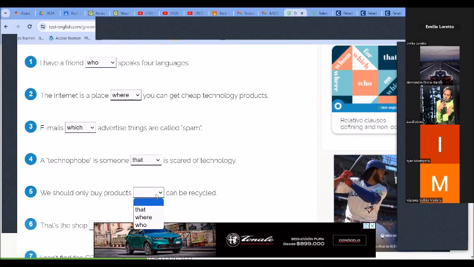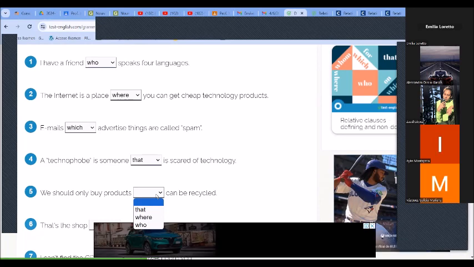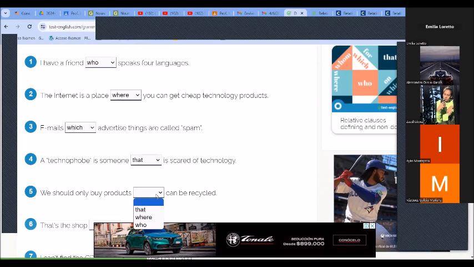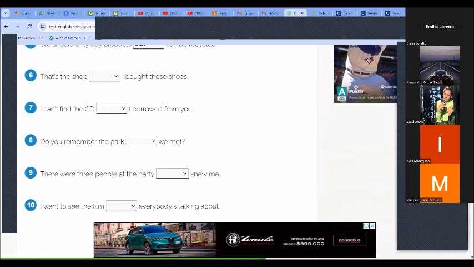We should only buy products that can be recycled. Good. All right. Let me scroll down some more. The next person on the list is Mariana Vasquez.